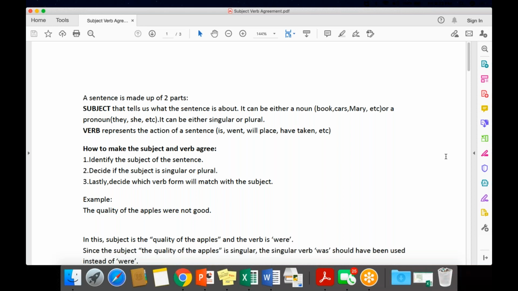And once I know the verb, once I know the subject, once I know that subject is singular or plural, I need to just ensure that both these things match with each other. So it's not just about the subject, it's also about the count of the subject, which could be singular or plural. And this needs to be in coordination with the verb which is talking about this subject.